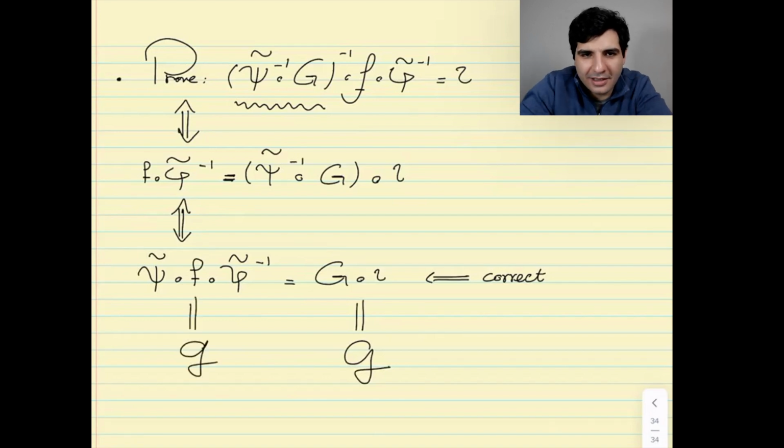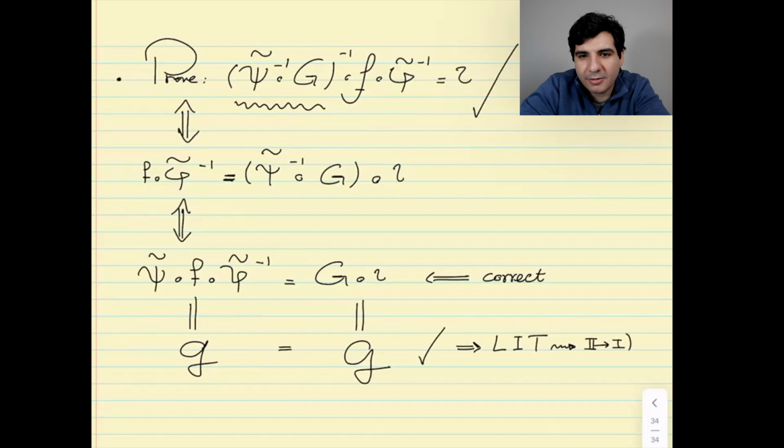So the statement is correct if and only if I have this, but G O iota is G by the equation we saw, and psi tilde OF of phi tilde inverse is G by the definition. So these are equal. This proves the equation we have up there is correct, which proves the local immersion theorem.